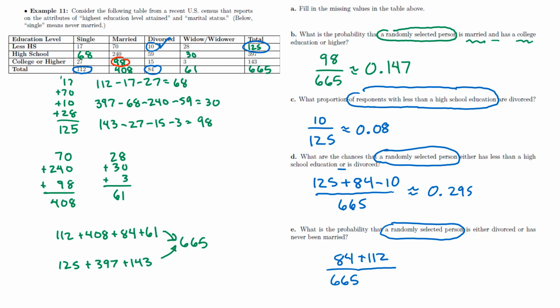That's impossible. So when we asked for all the never married people to raise their hand, 112 people raised their hand. When we asked for the divorced people, 84 completely different people raised their hand. No possibility of people raising their hand twice. So I make that calculation. If I add those up, that's equal to 196 over 665, which is approximately 0.295.